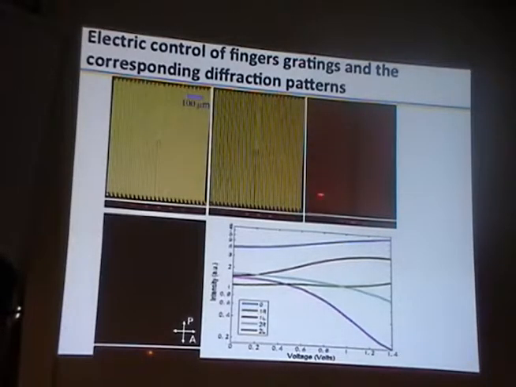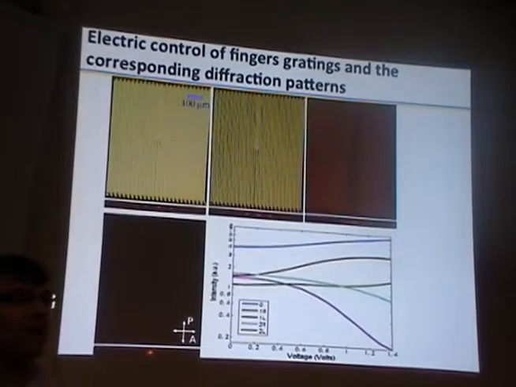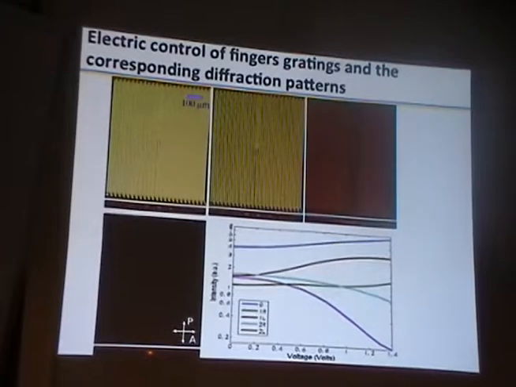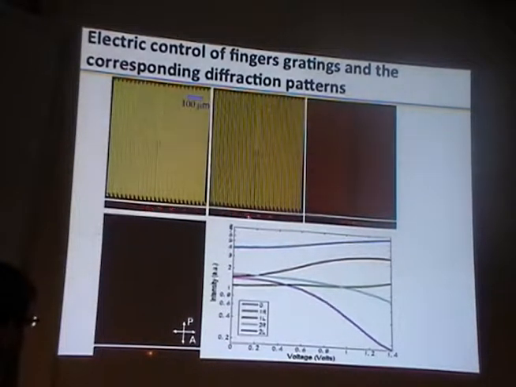So again, what you see in those series of images here is that applying voltages of the order of 1 volt or so, we can fully erase those defects and then draw some other different grating. So they are again optically reconfigurable, and we can control also intensity of different diffraction orders.